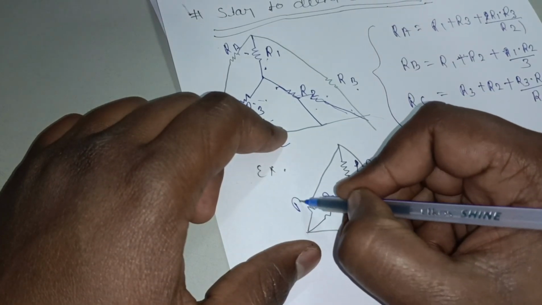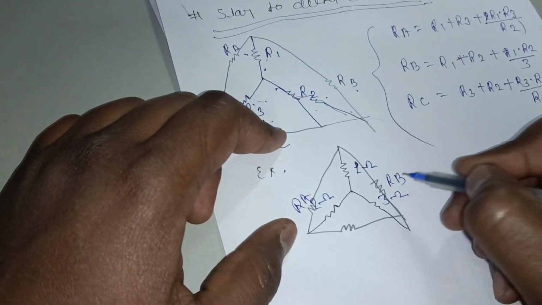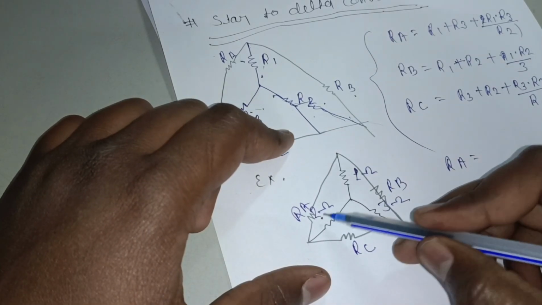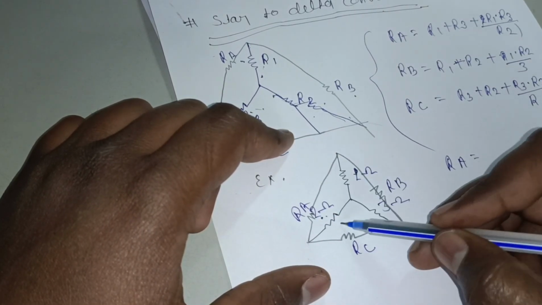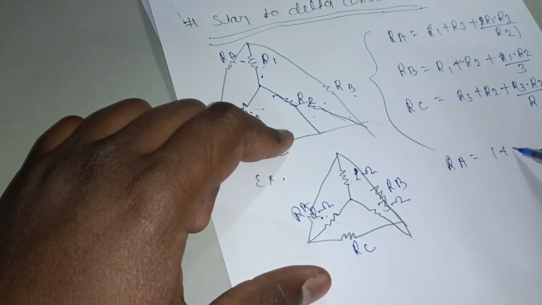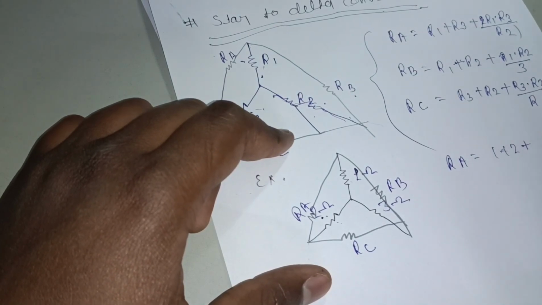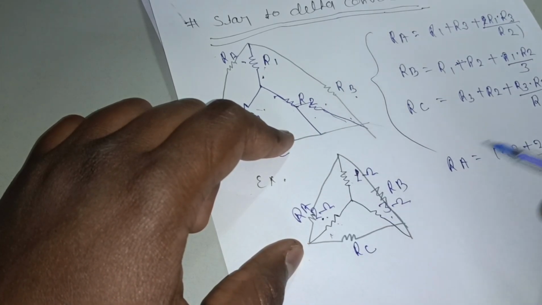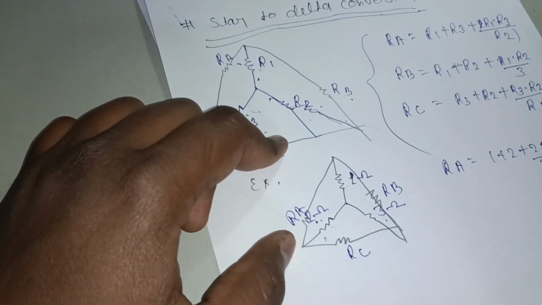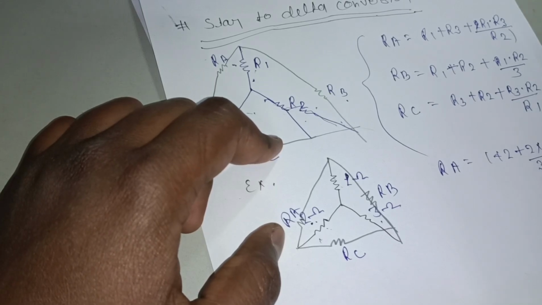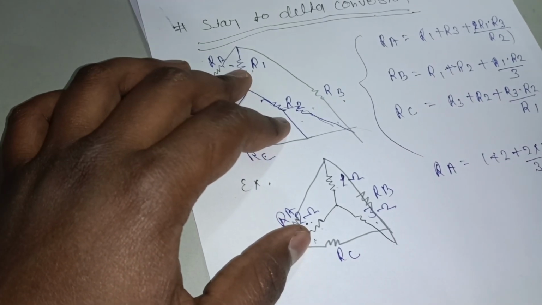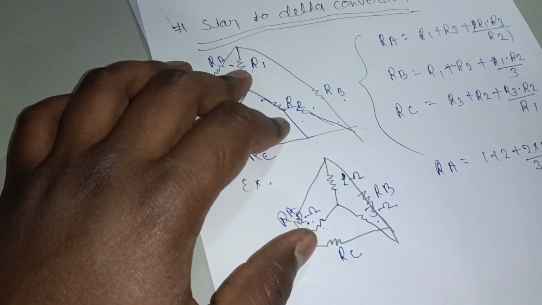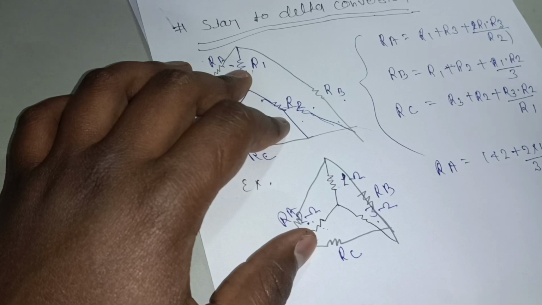Okay, so this is RA, this is RB and this is RC. First of all RA. RA is connected in between these two, 1 ohm and 2 ohm. So 1 plus 2 plus 1 into 2 upon the opposite side of it, which is 3. So this will be 3 plus 2 by 3. Okay, 3 3 is 9 plus 2, 11 by 3 ohm.